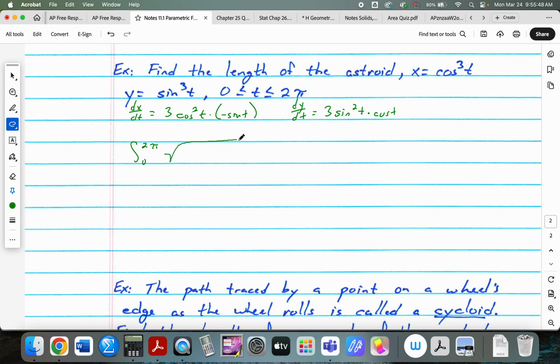This would be the square root of 3 cosine squared t sine t, and you may object that I dropped the negative sign, but I'm squaring it, so it doesn't matter. You can put it in if you like. Plus 3 sine squared t cosine t, quantity squared, dt.